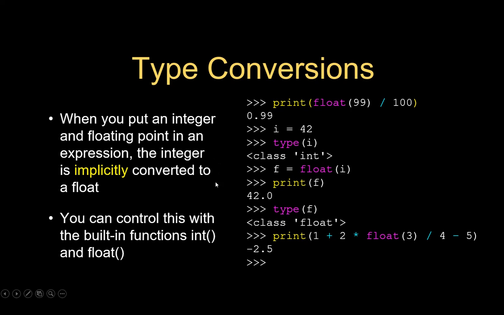One of the things that we have to remember is that if we do a mathematical calculation with an integer and a floating number, the result will be implicitly converted to a float with decimal point, and it will be returned to us. And of course we can use the int and float functions to change between the integer and floating number with decimal point.